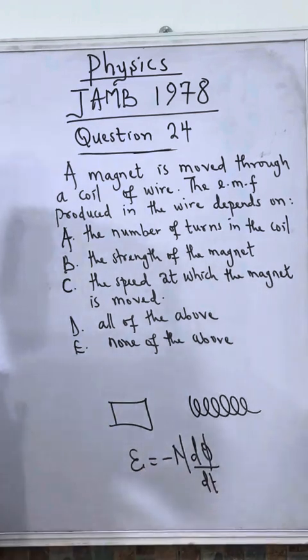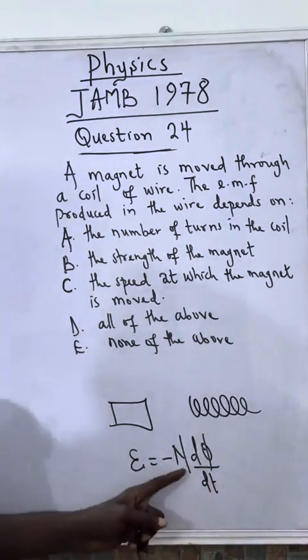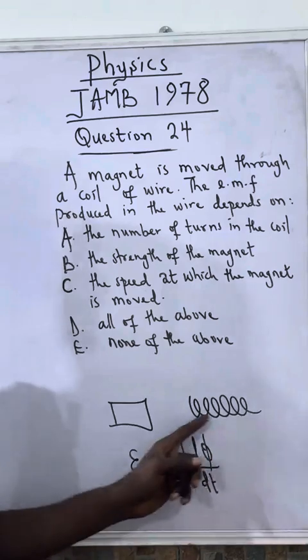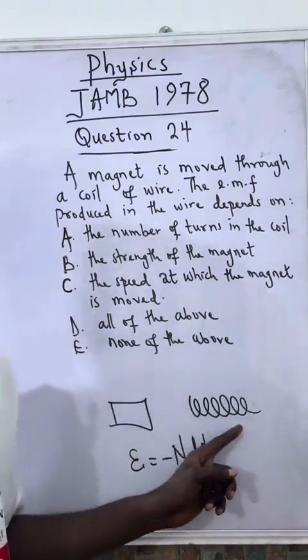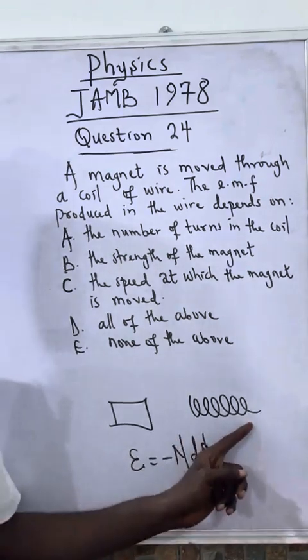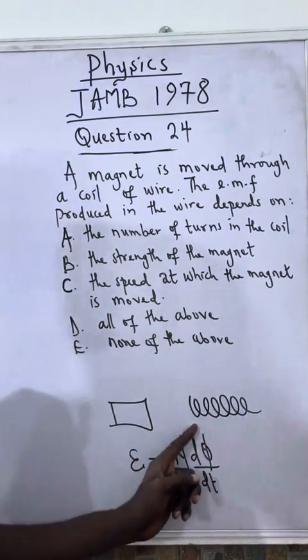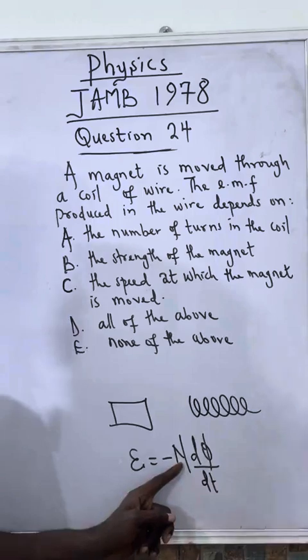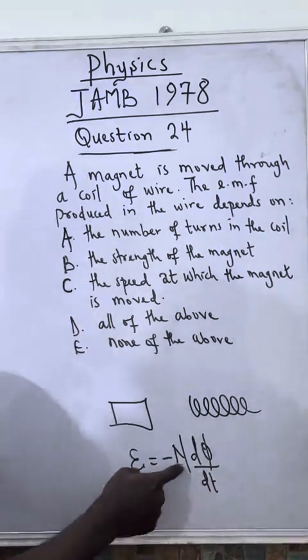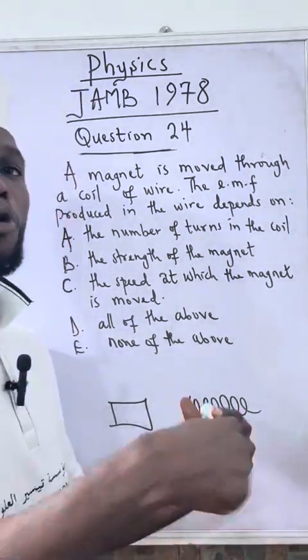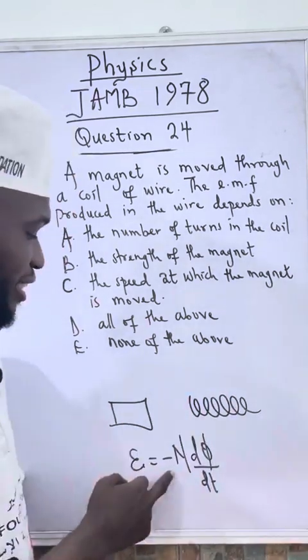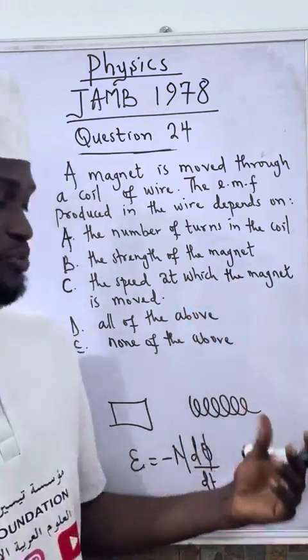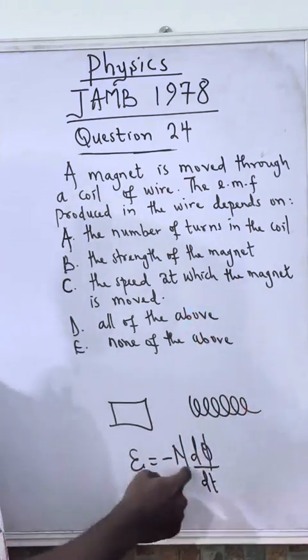So let me interpret each concept. This N stands for the number of turns in the coil. Whenever the number of turns is larger, if you have more turns in the coil, then the electromotive force will be higher, because there is direct proportionality between them.